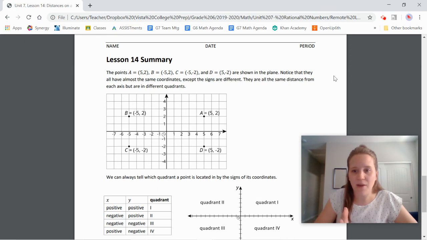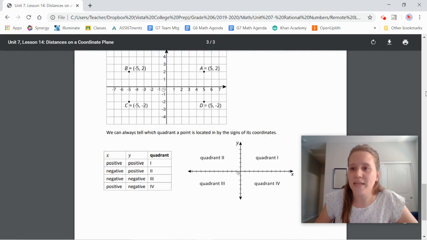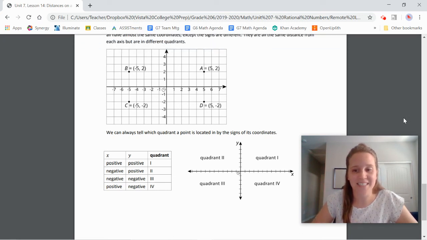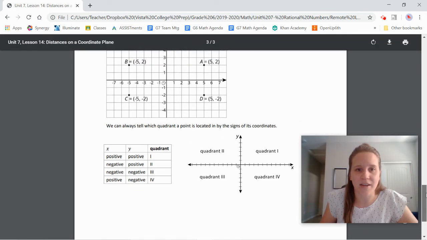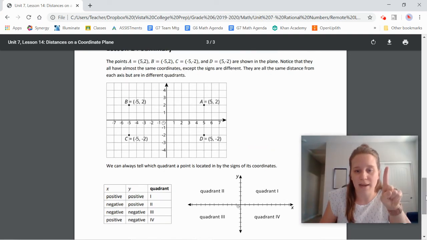So 5 units from my y-axis and 2 units away from my x-axis. We can always tell, I almost never use the word always, but in this case, it's appropriate. We can always tell which quadrant a point is located in by the signs of its coordinates, okay? If the x value is positive, and if the y value is positive, that point always falls in quadrant 1.